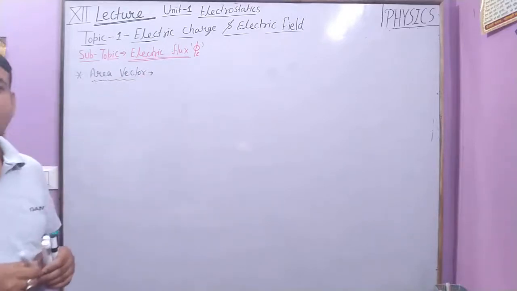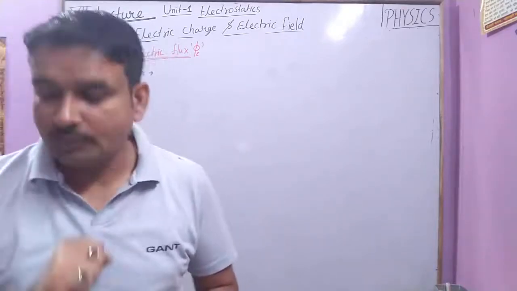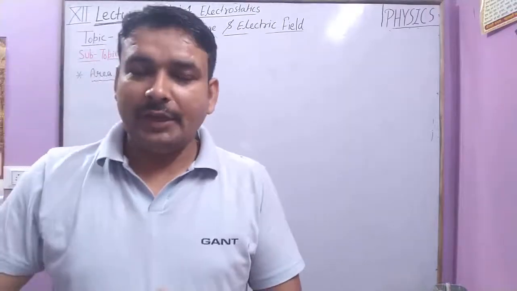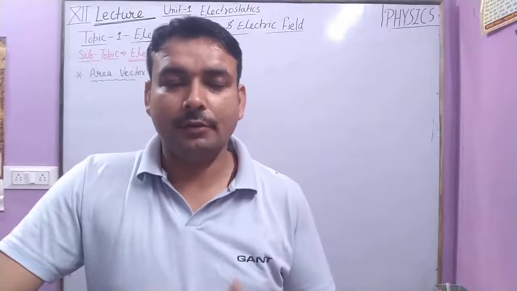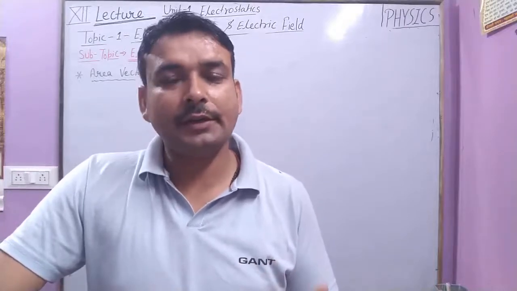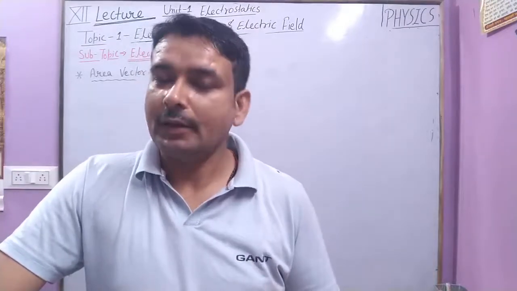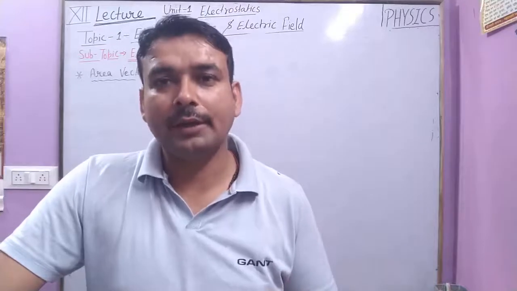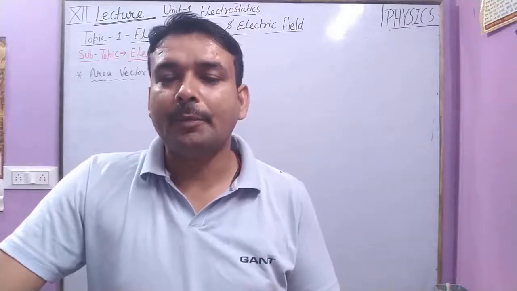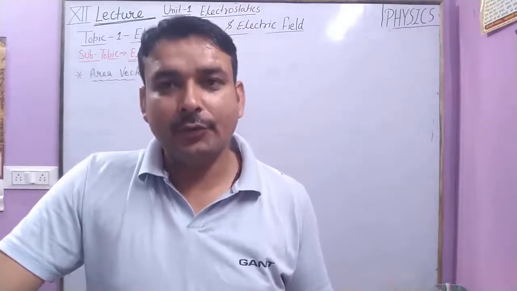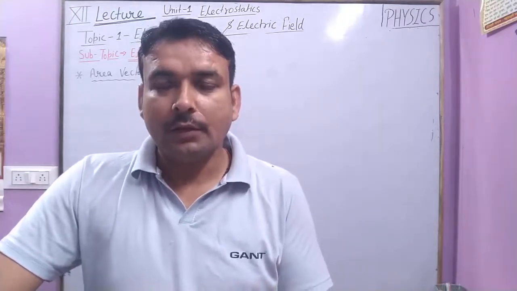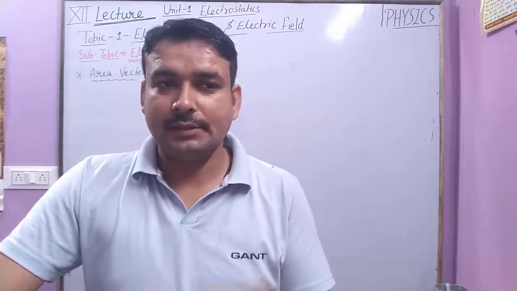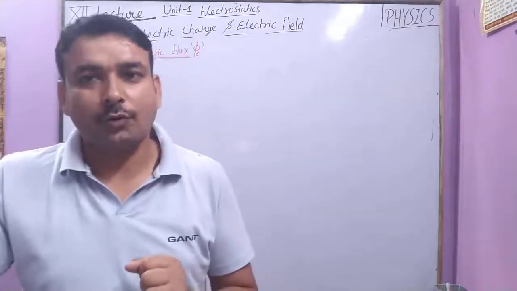In many calculations, as convenient, we use the area as a vector quantity. As we all know, area is a scalar quantity, but in many cases, as convenient, we use the area as a vector quantity.